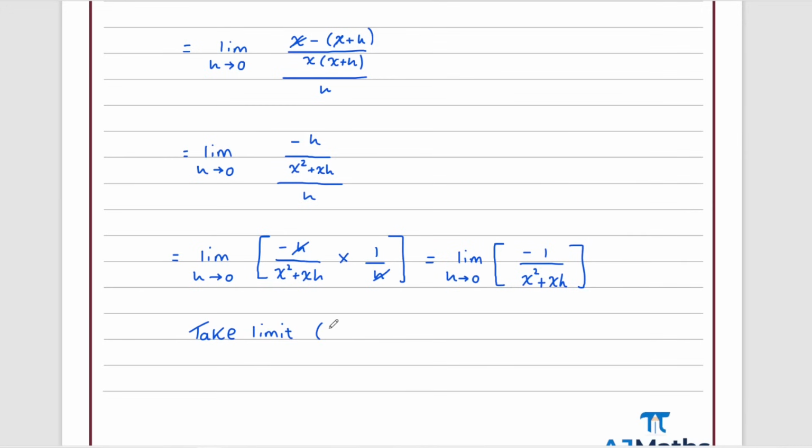Therefore f prime of x is equal to minus 1 over x squared, as required. And there we have it. That gets us all 6 marks, and that gives us the solution to question 8.